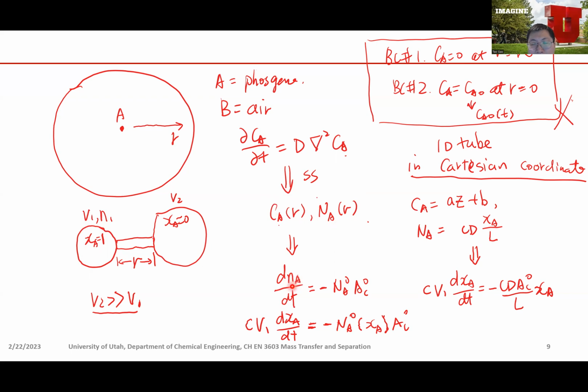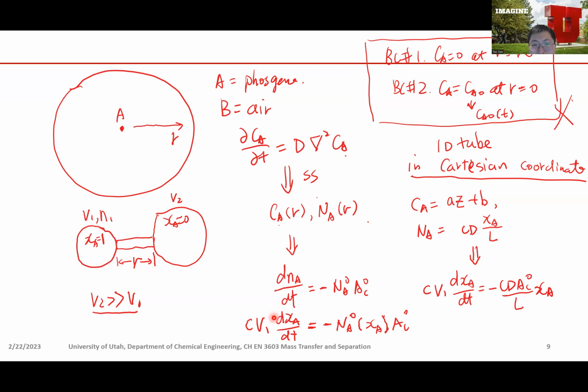Then we have dNA over dt equals minus NA at R equals 0 times AC. Here NA is the flux just next to the point source, and AC is the area for the diffusive flux to pass through.